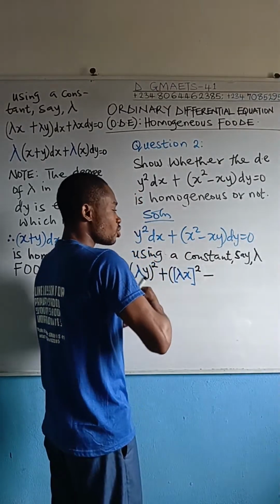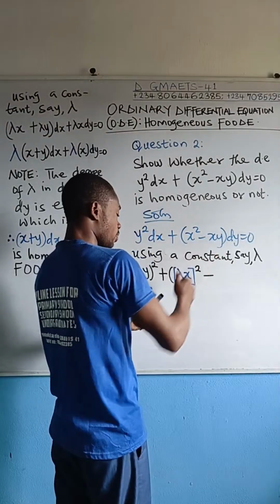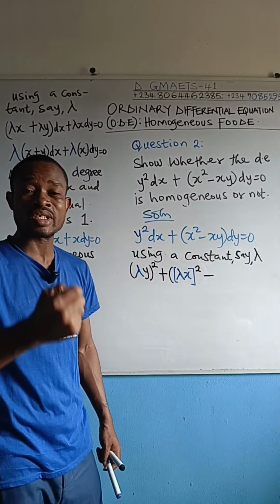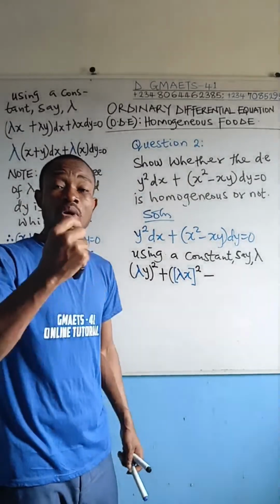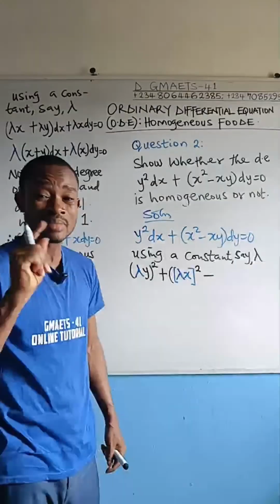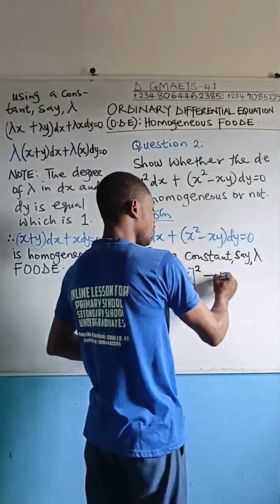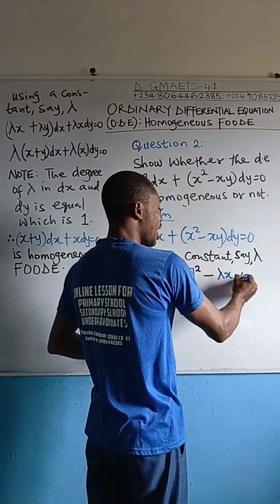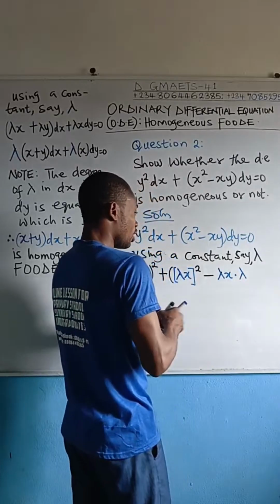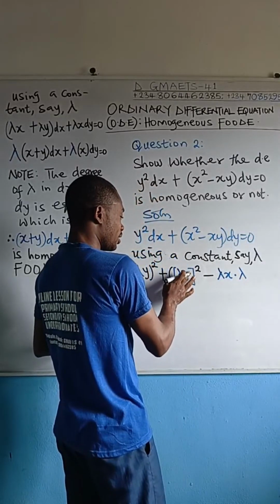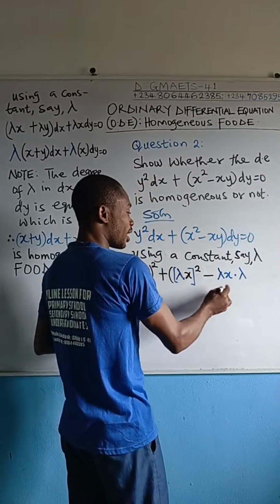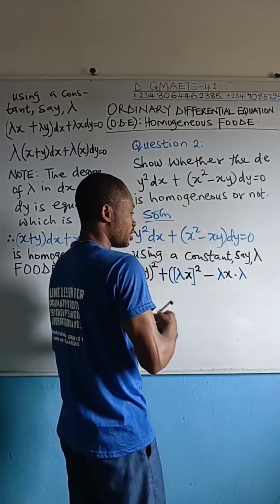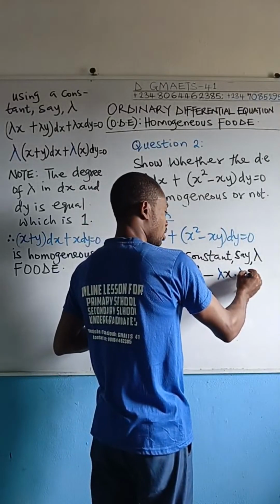You are using lambda to multiply x and also to multiply y. Remember from question number 1, I told you when you're using the lambda, the constant, to multiply, it is meant to multiply each of the variables. So this is going to be lambda times x multiplied by lambda times y. Let me use the other shade of marker to write the variables, while we use another shade to write the lambda.